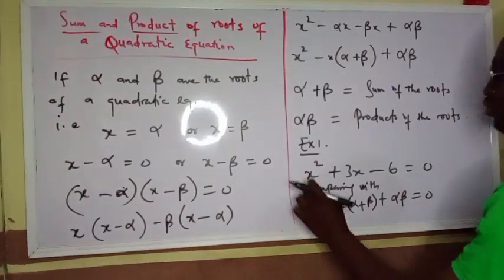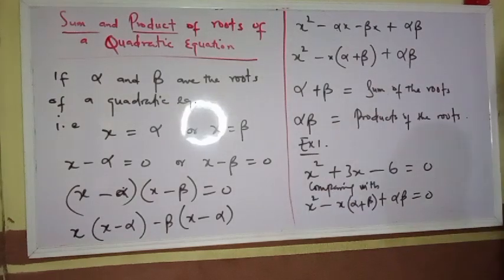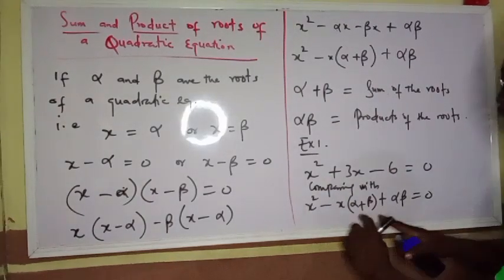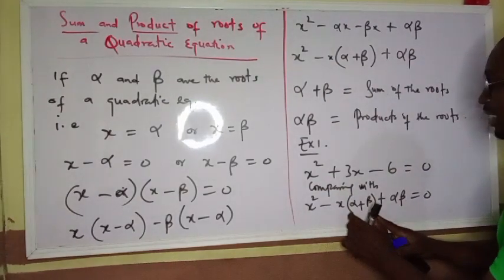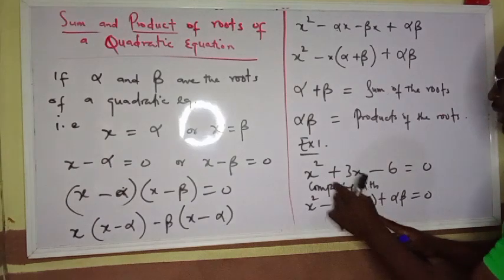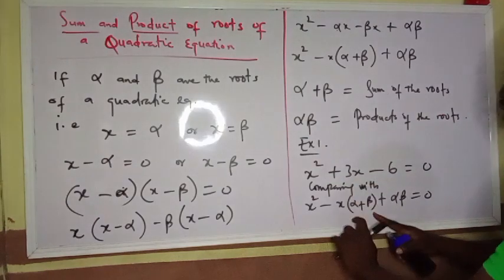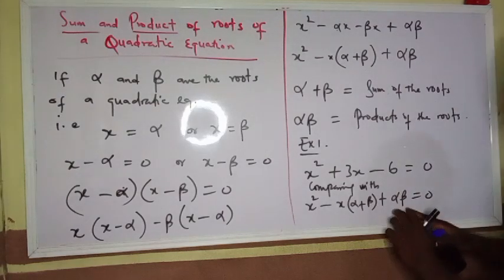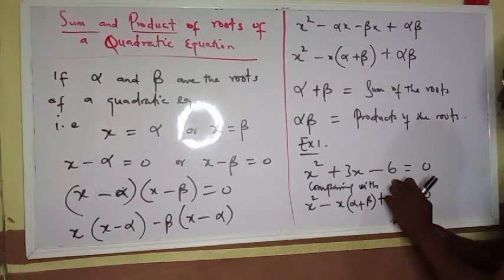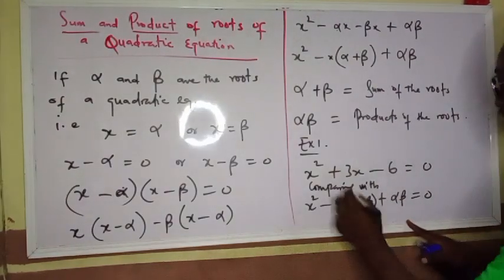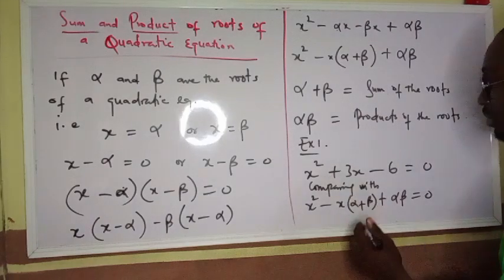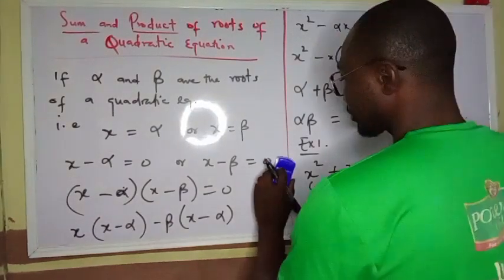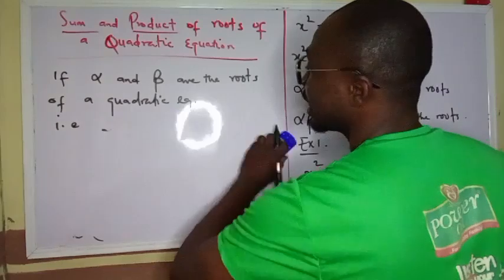If we compare these two expressions together, you will discover that the coefficient of x in this equation will be our what? Sum of roots. While the value of the constant will be our product. So let's compare the two values together now.